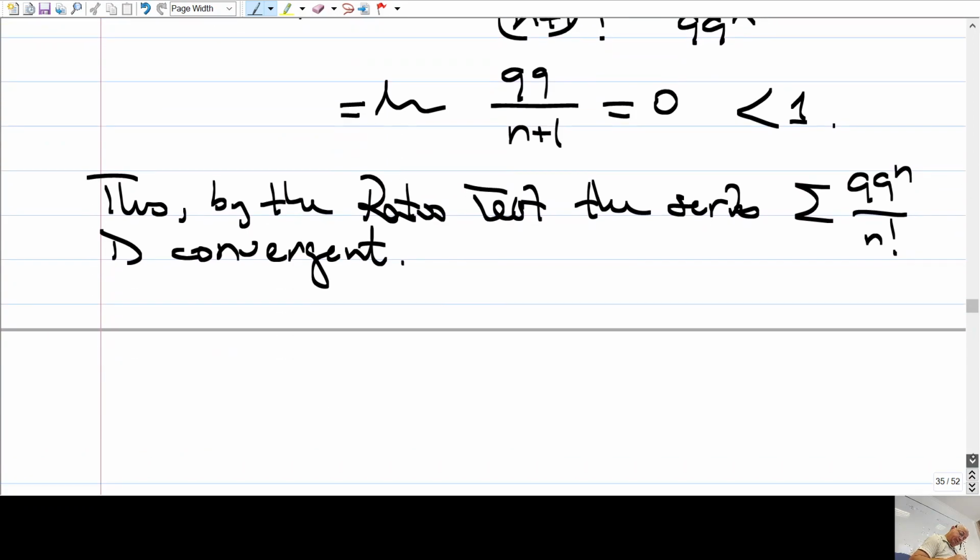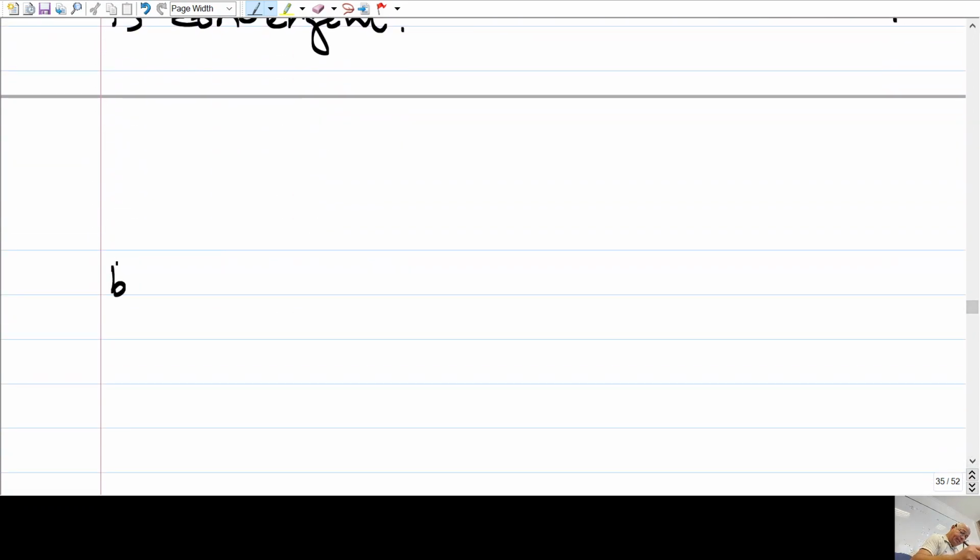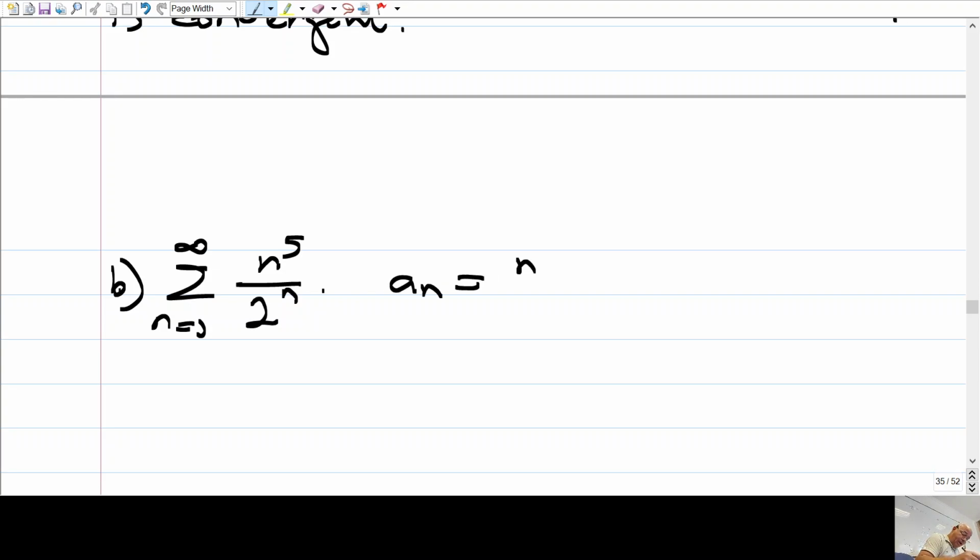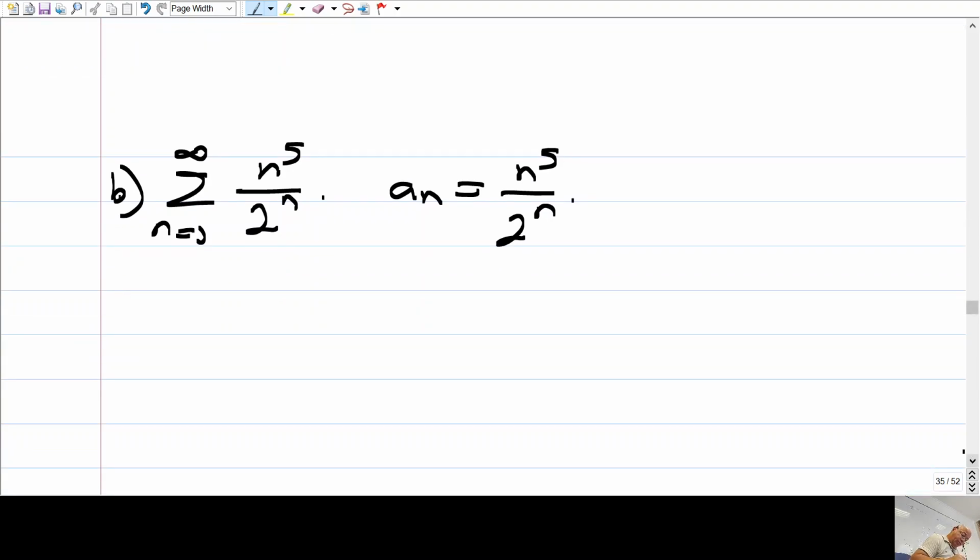Okay. What about the second one, which was n to the 5 divided by 2 to the power n? a_n is just n to the power 5 divided by 2 to the power n. So what is rho?